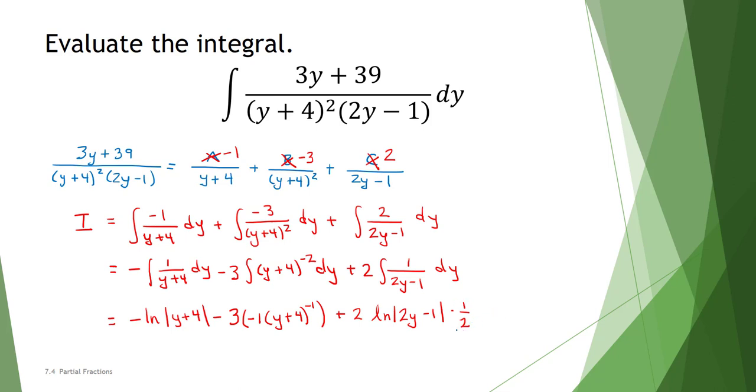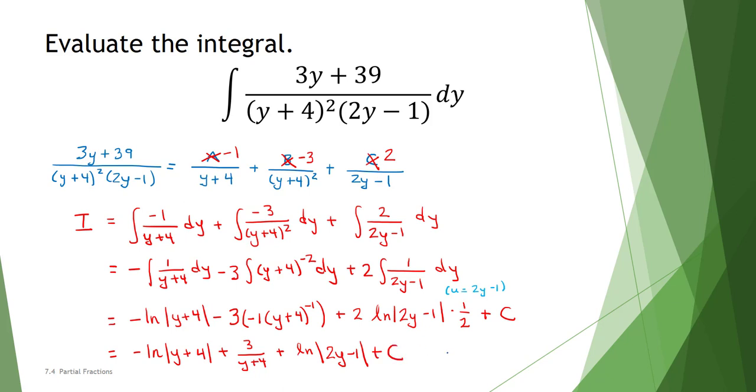This 1/2 may be more obvious to you if you use a substitution u = 2y - 1. Because this is an indefinite integral, I'm going to add + C, and we can clean it up by writing -ln|y + 4| + 3/(y + 4) + ln|2y - 1| + C.